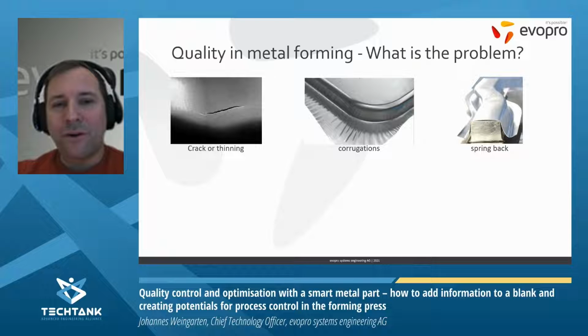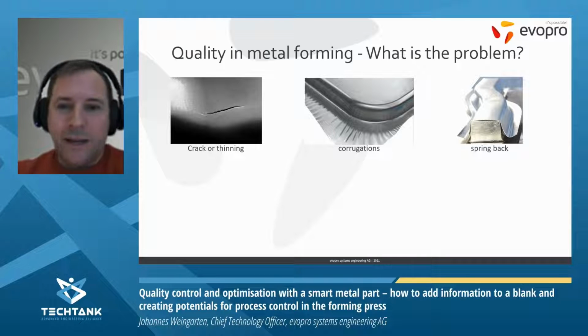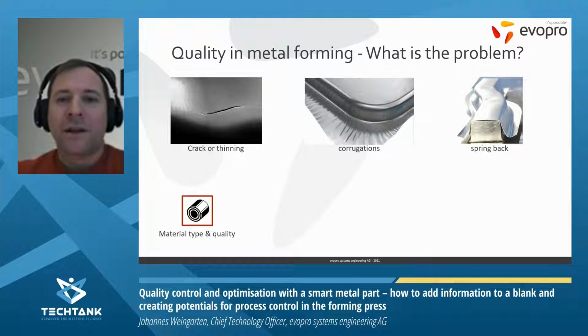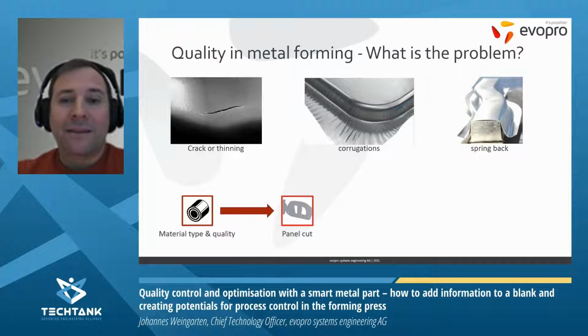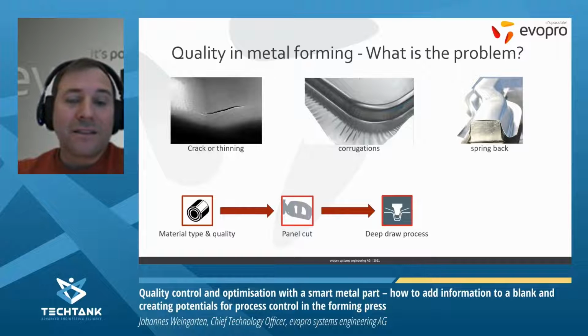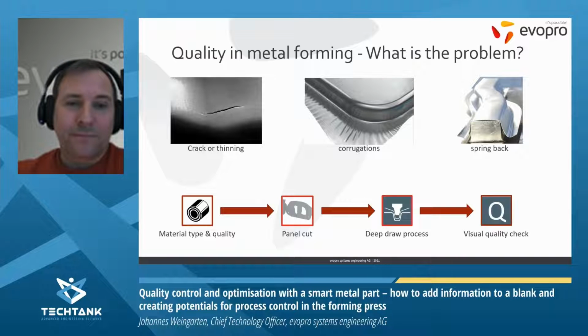To achieve all the requirements, a long training phase is done, beginning with the right material, with a good panel cut, and with the right parameters for the deep draw process, which then in the end leads to series production.